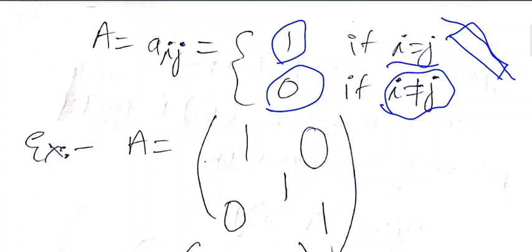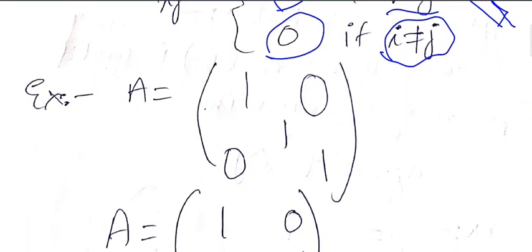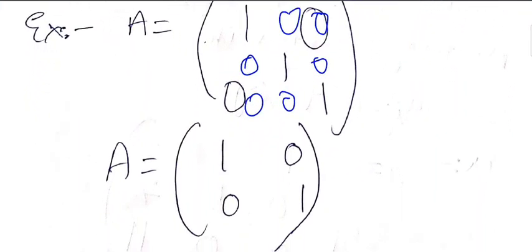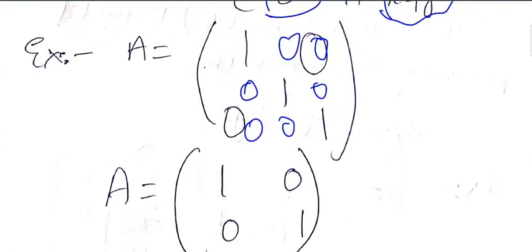Then this A has come out to be like this. A big 0 means such is the situation. So all these will be identity matrix.